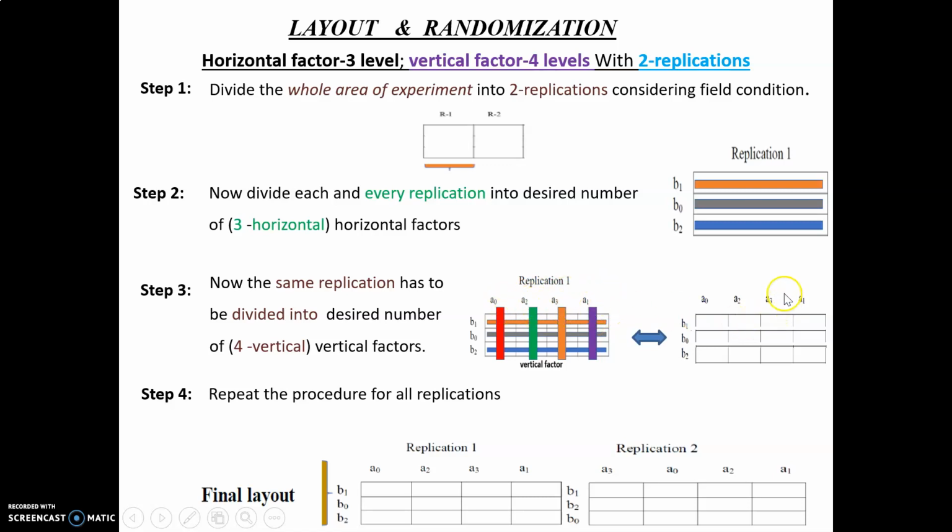This is the complete layout and randomization for replication 1. Similarly, we have to repeat such randomization for replication 2. In this way, the layout has to be prepared for strip plot design with the following requirement: 3 levels of horizontal factor, 4 levels of vertical factor with 2 replications.